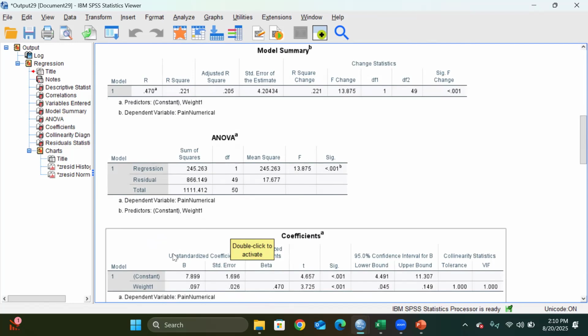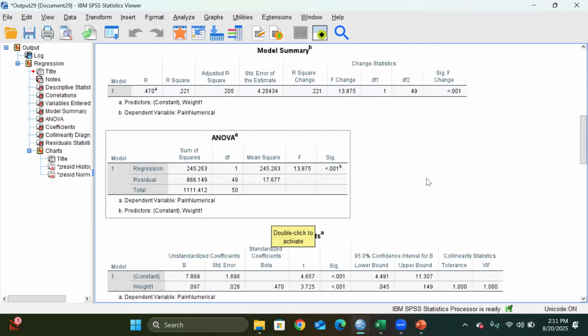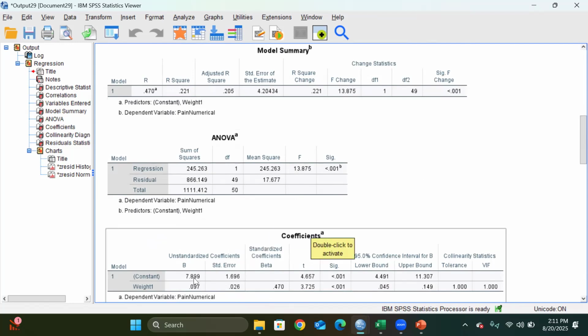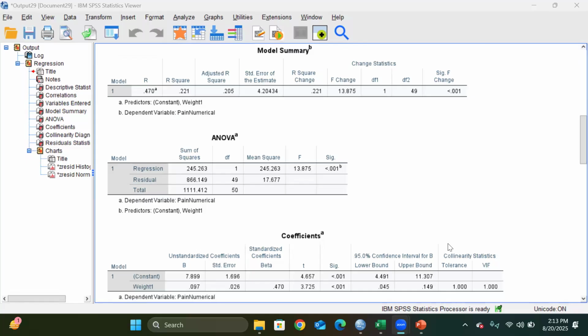And also the coefficient: we will go for the unstandardized coefficient, that is 0.97. Now let me show you how to report this data.